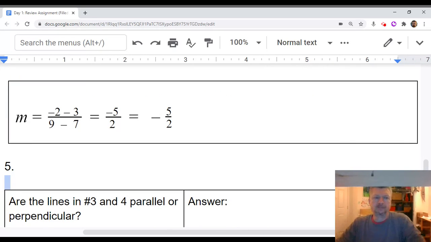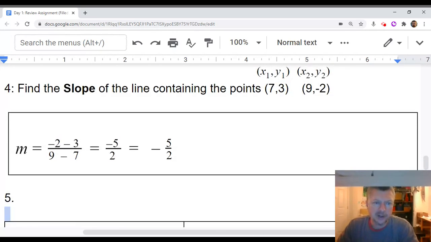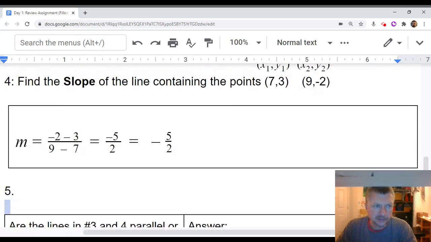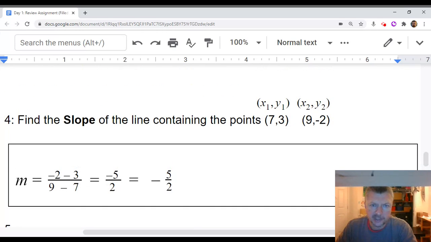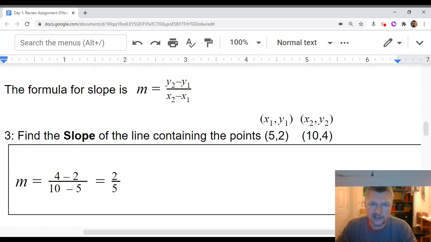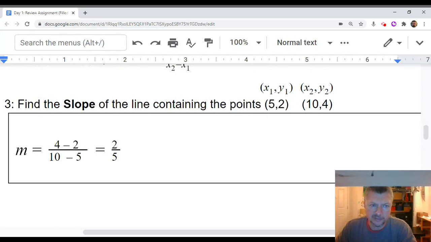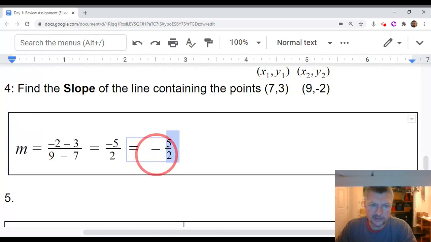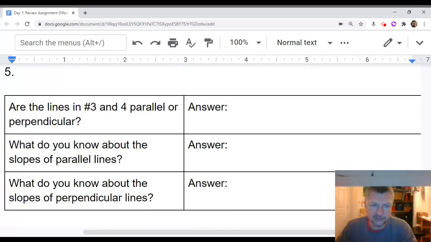All right, so, we have number 5 here. Now, are the lines in 3 and 4 parallel or perpendicular? So in 3 and 4, you get a line that connects these points. And here you have a line that connects these points. Now we have two slopes. We have 2/5. And we have negative 5 over 2. What's going on there?